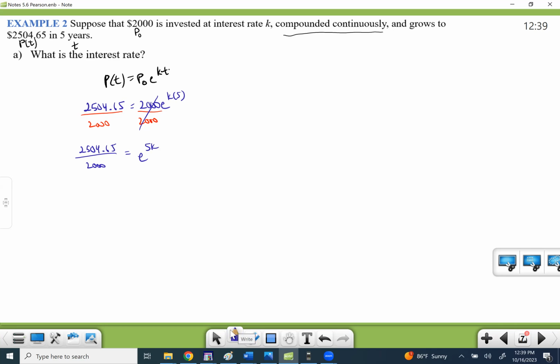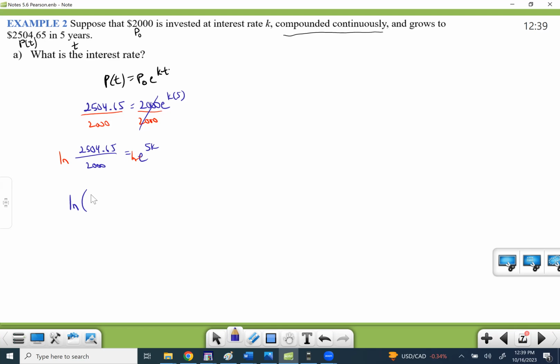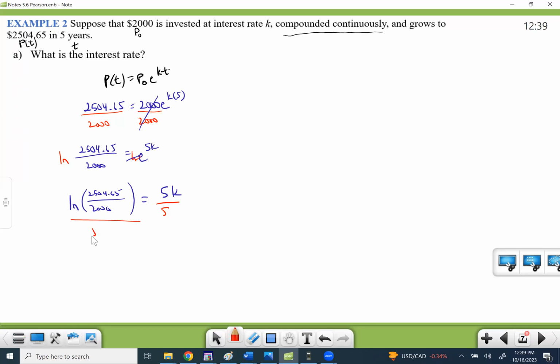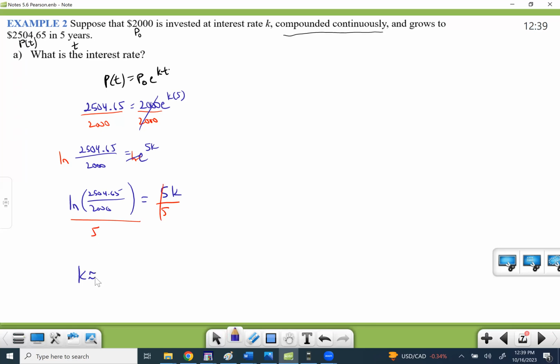And then, of course, to get rid of the exponential, we will take the natural log of both sides. And then our last step is just to divide by 5. So there's our K. And that's what it wants to know. What's the interest rate, right?